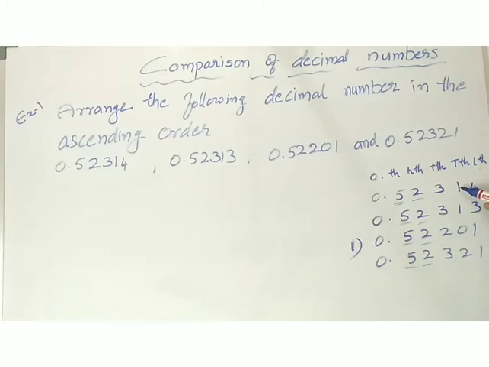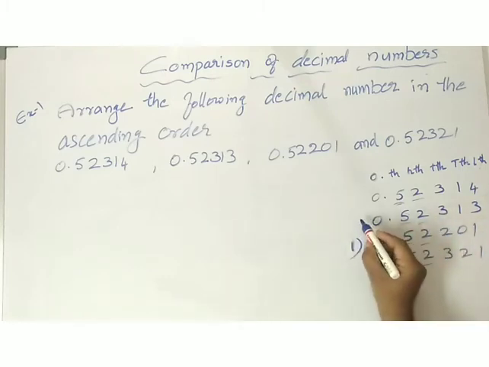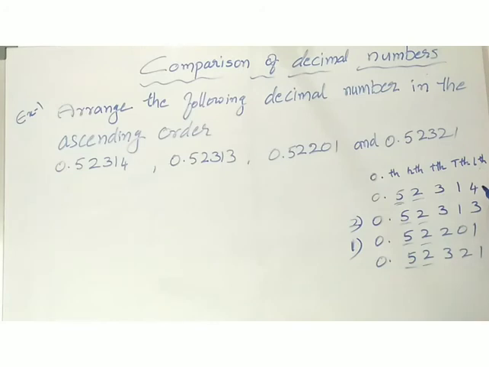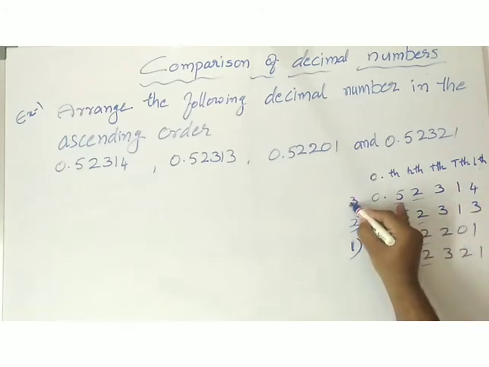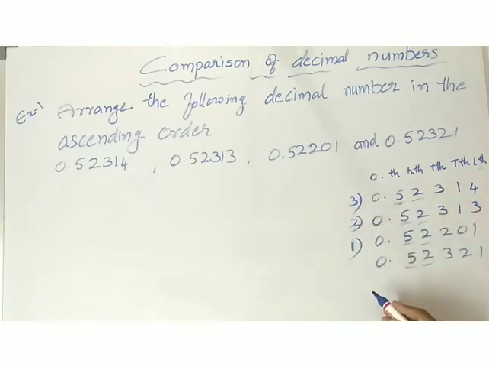Next digit: 1, 1, 0 and 2. The number with 0 is already placed, so we check only the remaining ones. In those, 3, 1, 3, 1 and 3, 2, 3, 2, the bigger ones are those with 3, 2. For the others we go to the next digit: here it is 4, here it is 3. So 3 is the lesser one, I keep it second, and this one third, and the next one fourth.